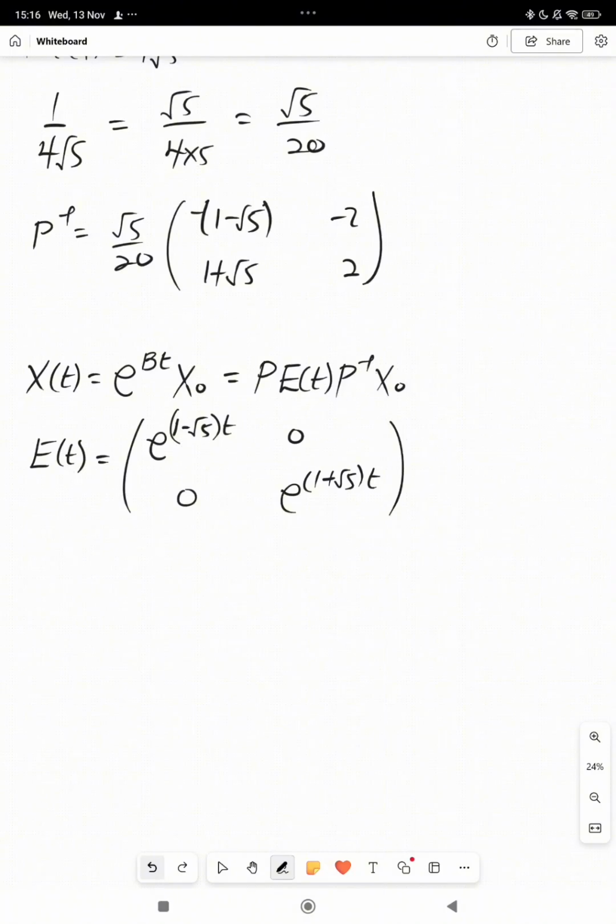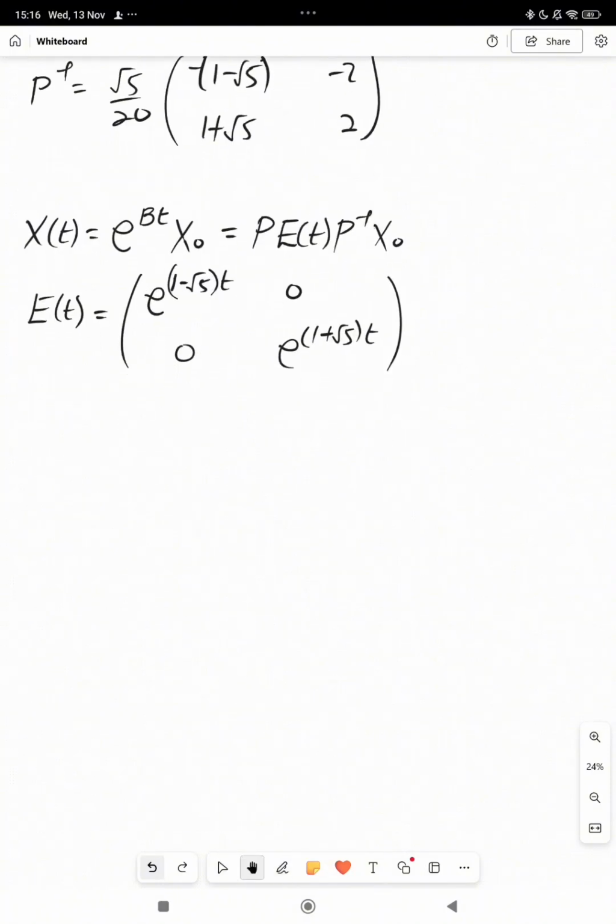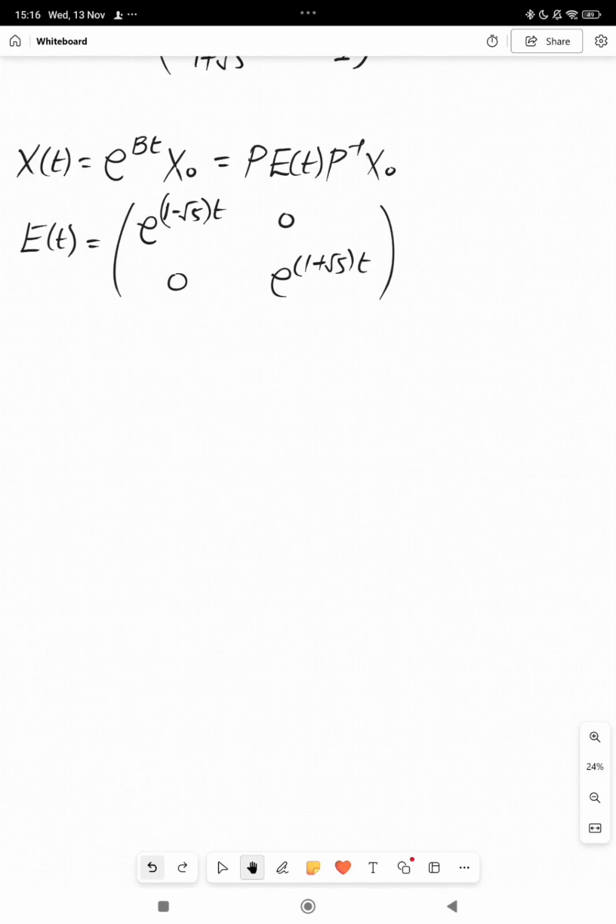Next, we are going to substitute everything into the expression to write down our solution.